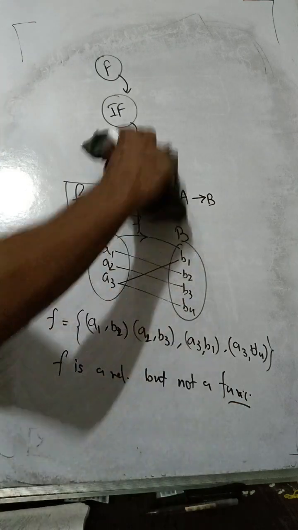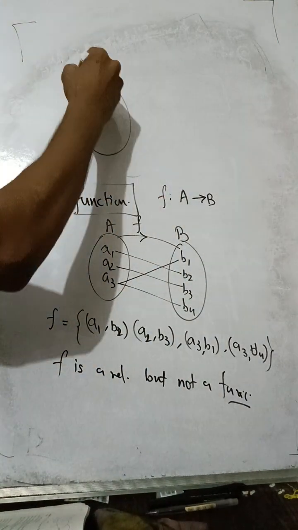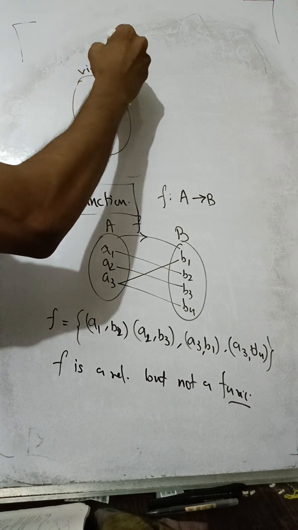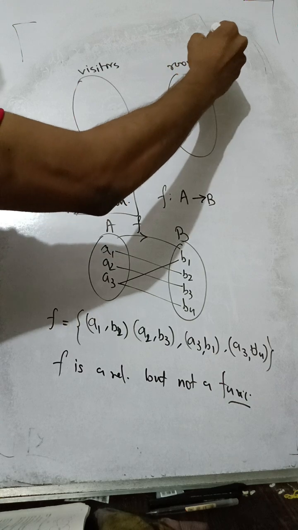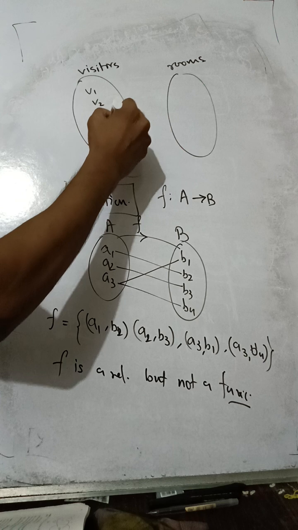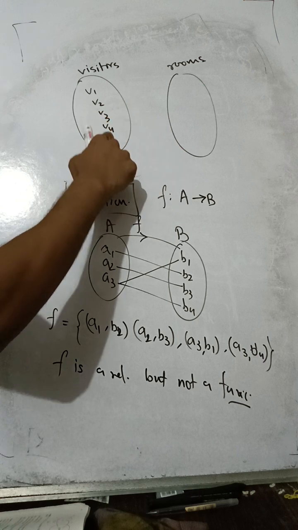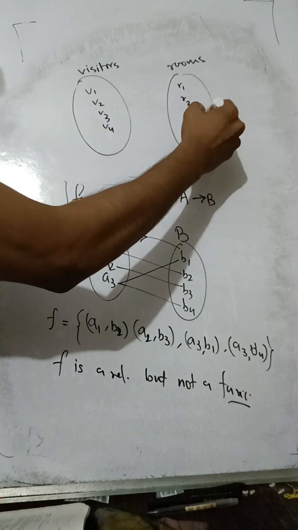Okay, so let us try to understand this even better. Suppose we have a set of visitors and a set of rooms. Suppose we have 4 visitors, v1, v2, v3, v4, and 5 rooms, r1, r2, r3, r4, r5.